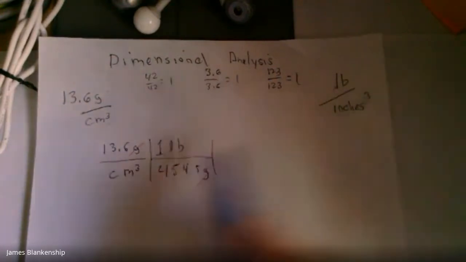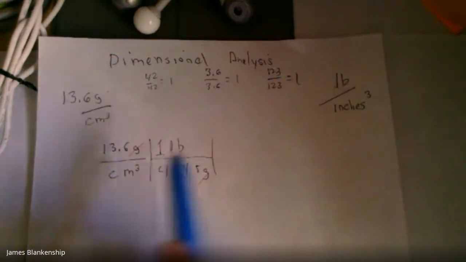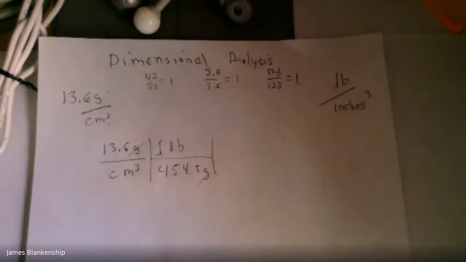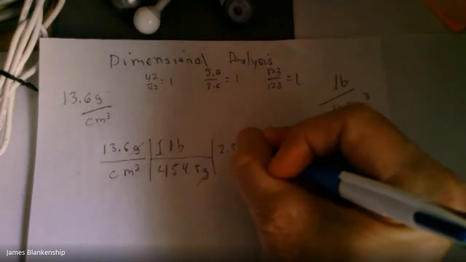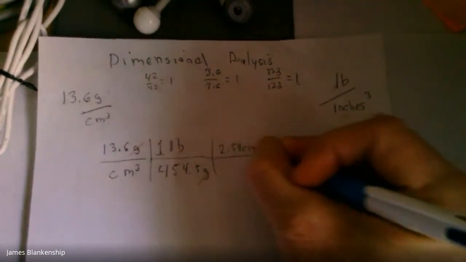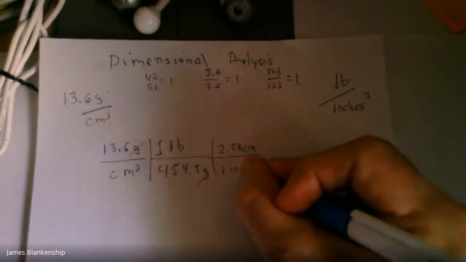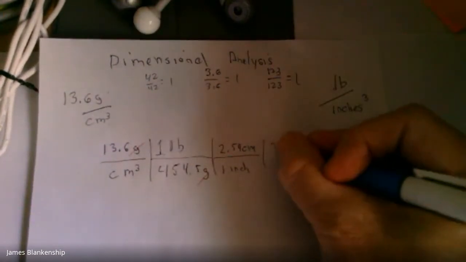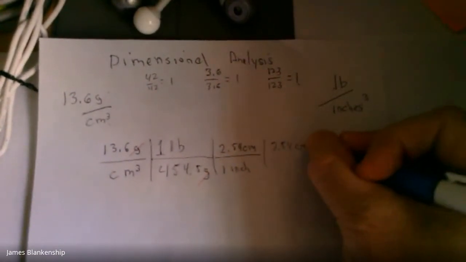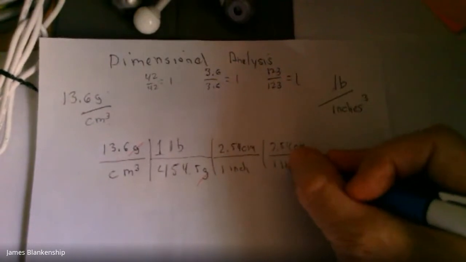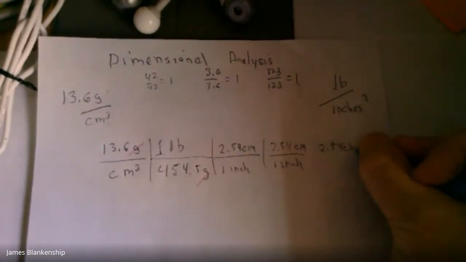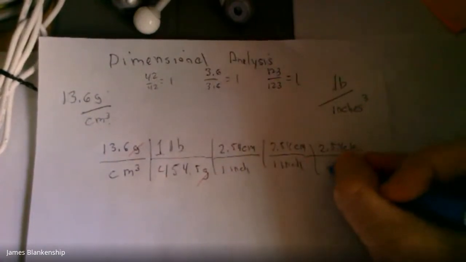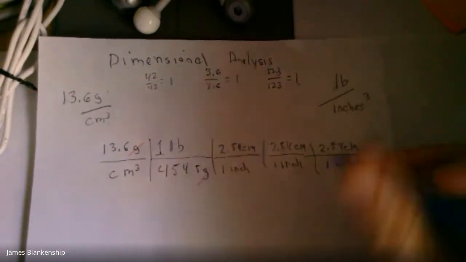Now, because this is centimeters cubed, I'm going to have to write centimeters up on top 3 times. 2.54 cm is 1 inch, 2.54 cm is another 1 inch, and 2.54 cm is another 1 inch.